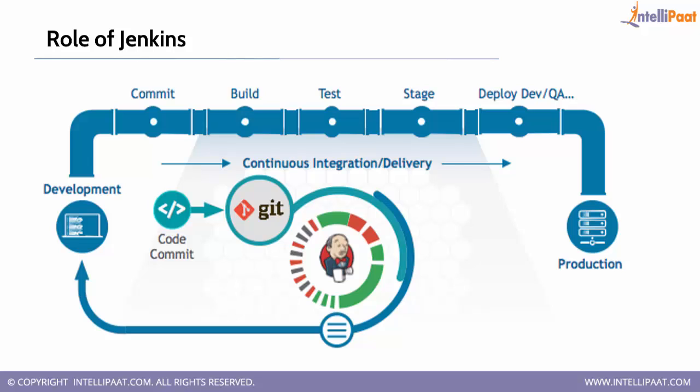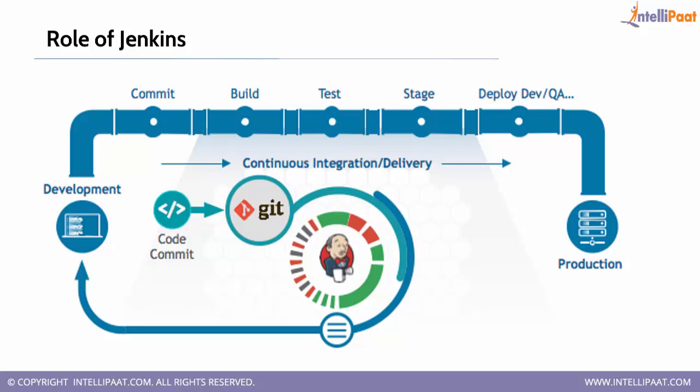So what happens, we have a Git repository where the development team will commit the code, and then Jenkins takes over from there. It is just a tool with a front end where you can define your entire job or the task. What is our job? That is to make the continuous integration and delivery process for that particular application.